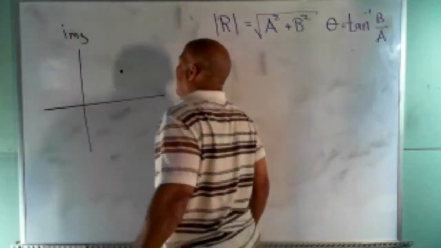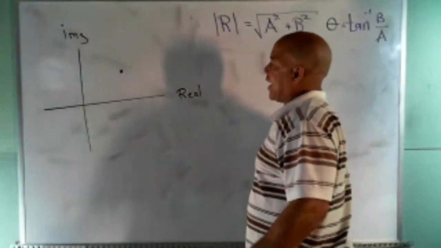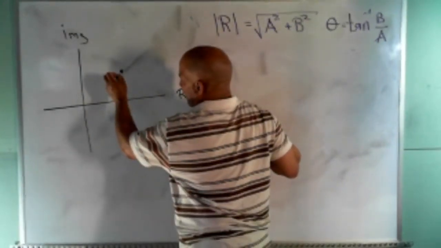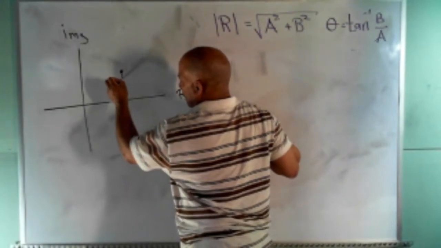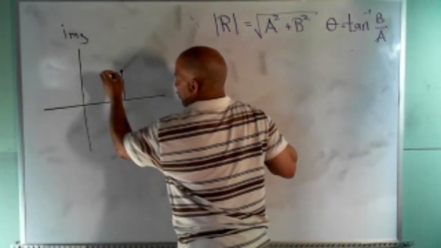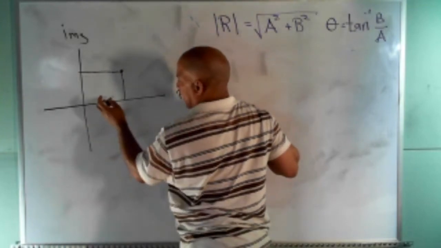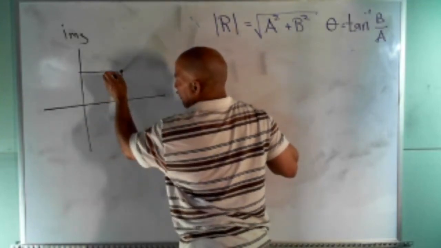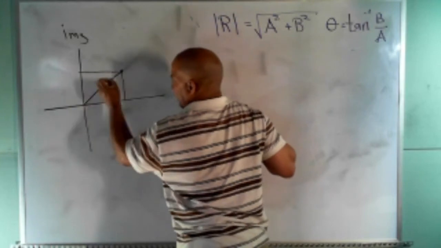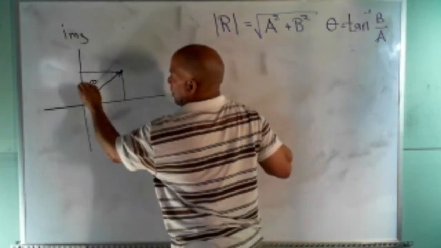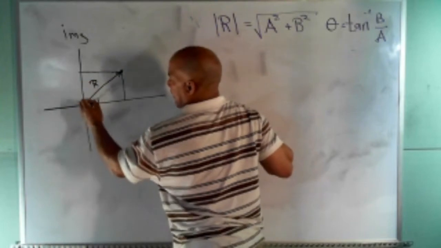Let me drop a perpendicular line down, and then one over like that. Okay, so what they gave me was this distance right there, that's my radius vector. They gave me r, and then they gave me this angle right here, theta.